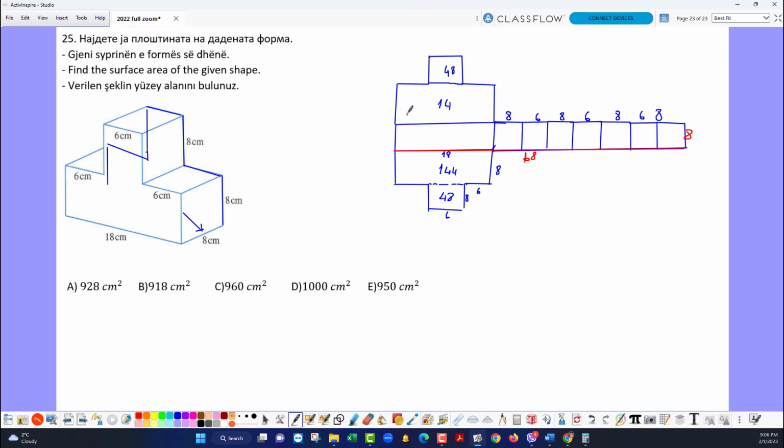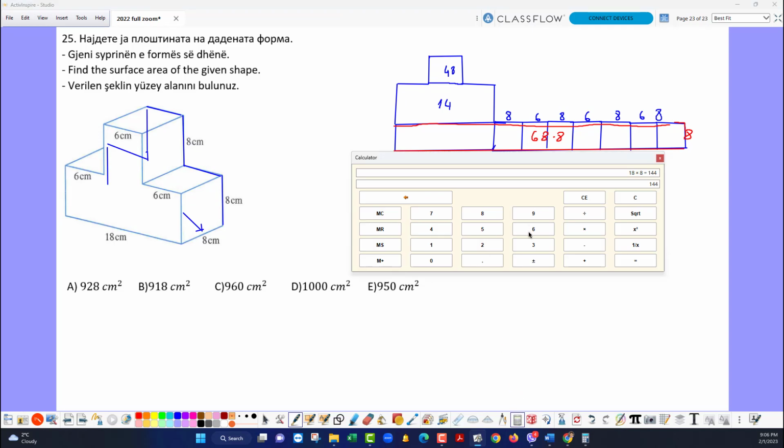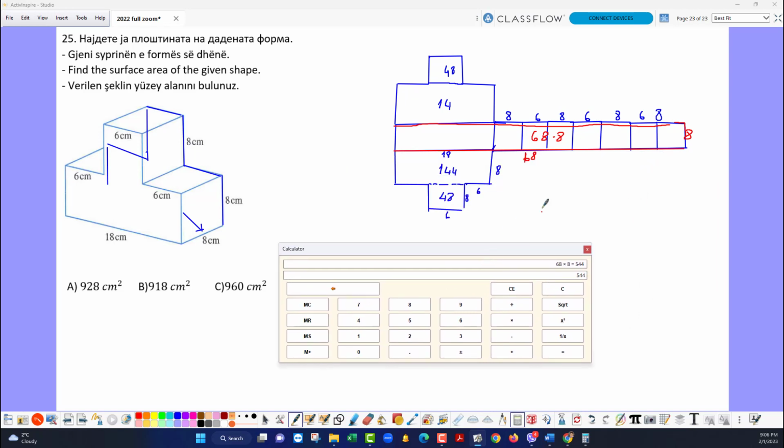So this part, only I'm talking about this part here, it's going to be 68 times 8, which, by using the calculator, is equal to 544. So this part is 544.